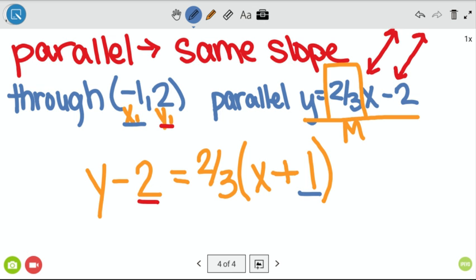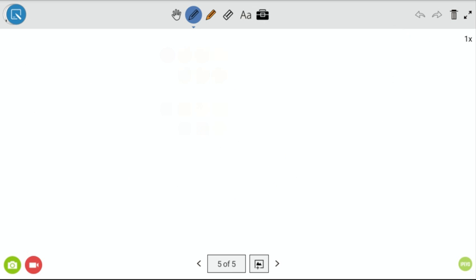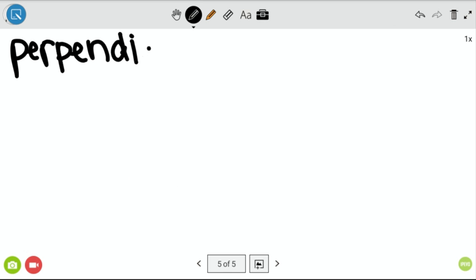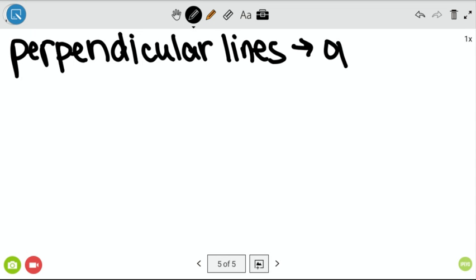All right, and then last but not least, we have two lines. If they're not parallel, the opposite of parallel is perpendicular. So you have perpendicular lines, and perpendicular lines have complete opposite slopes.